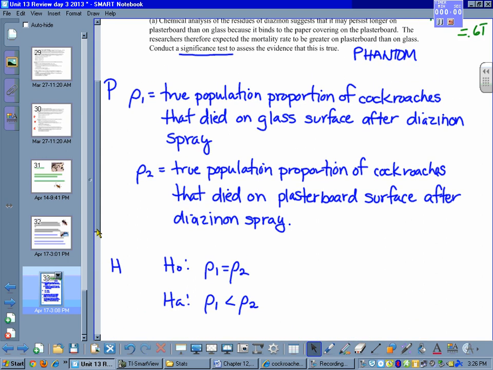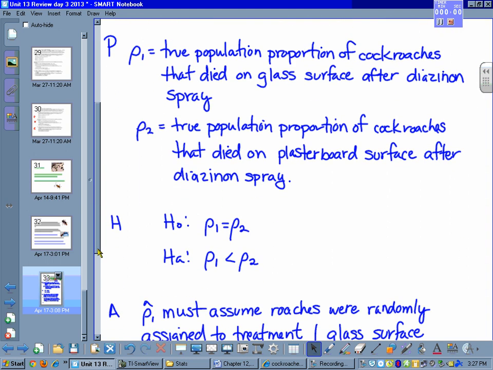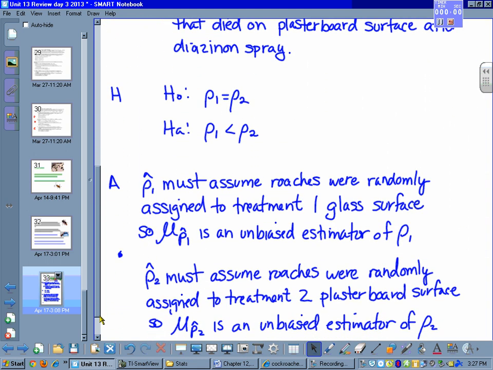My alternative is that, as it says up above, the spray may persist longer on the plasterboard than on glass because it binds to the paper. Therefore, they expect the mortality rate to be greater on the plasterboard. So the researchers are expecting the plasterboard, which is p sub 2, to kill more cockroaches than p sub 1.